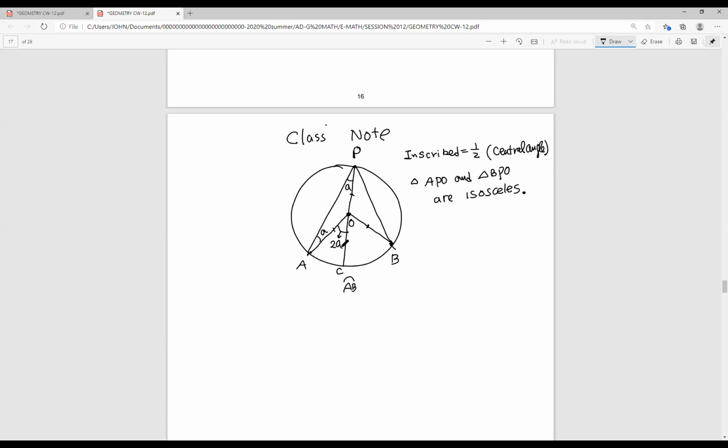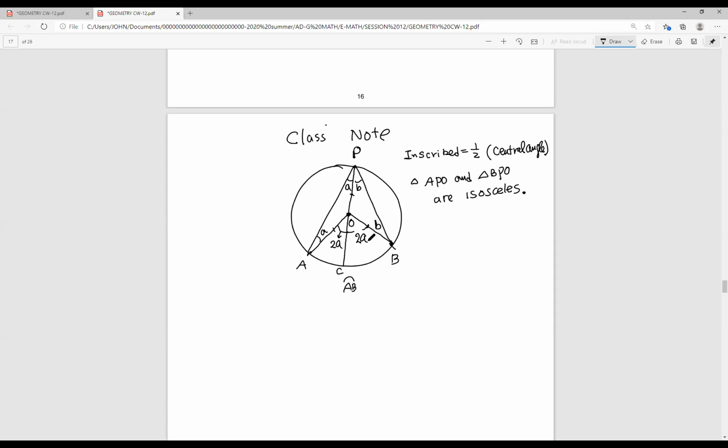Now take a look at the other side angle. If this angle is B, this angle is also B, because it is isosceles. This is also an exterior angle for the other side triangle. B plus B is 2B, okay?